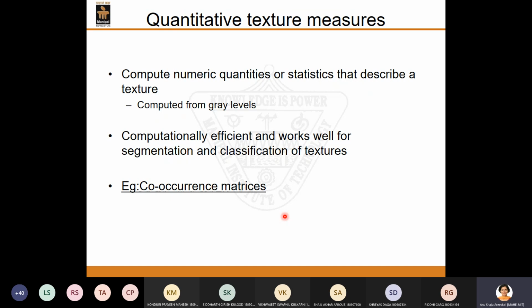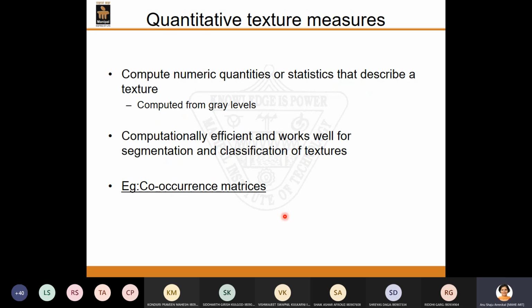Another texture method which can be used is, it's not exactly a texture method with spatial information as such, but still we can use a Fourier method, or a better improved method would be a wavelet transform, where you can decompose an image into different scales.